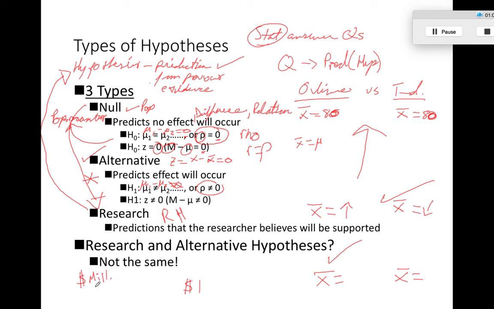So in other words, people who take the $1 million pill show an average number of symptoms equal to 2. Okay, so in a 24-hour period, they show 2 symptoms with the $1 million drug. With the $1 drug, they show 2 symptoms as well. So now here, is there a difference between the two groups? The answer is no. So in other words, I found the null hypothesis.